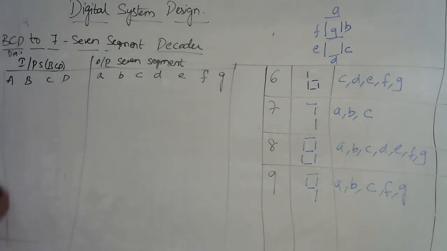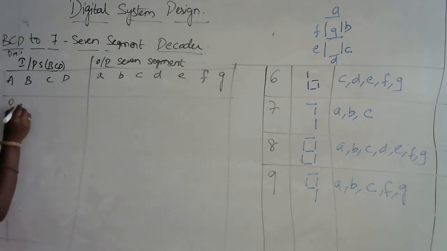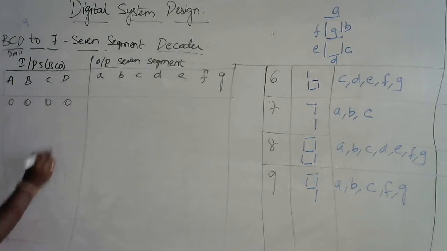Now, the first BCD number is 0, whose equivalent is 0, 0, 0, 0. Just now we have written the 7 segment display for 0. Except G, all the remaining should be equal to 1.